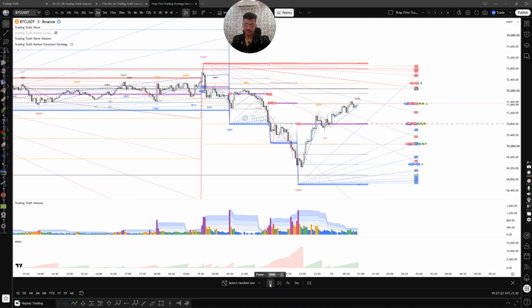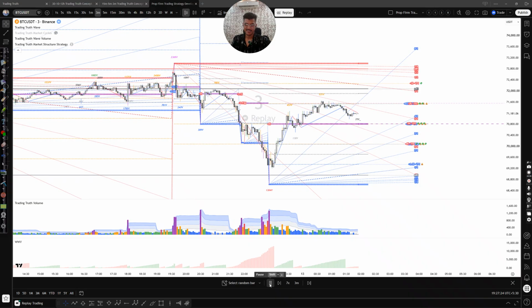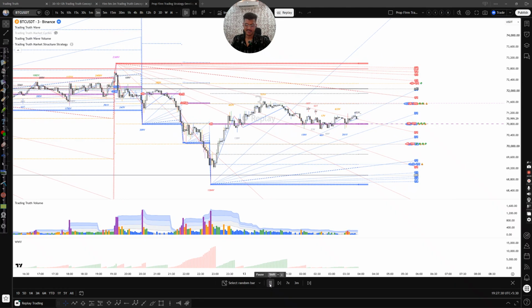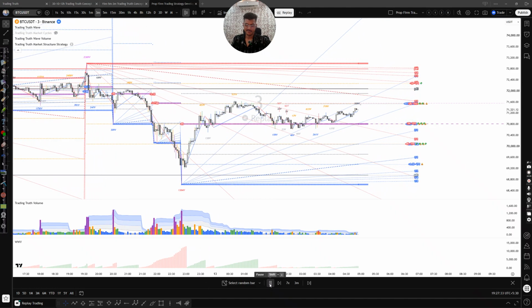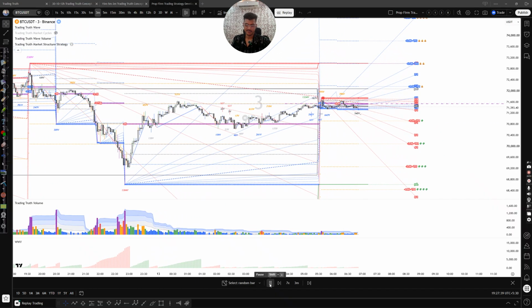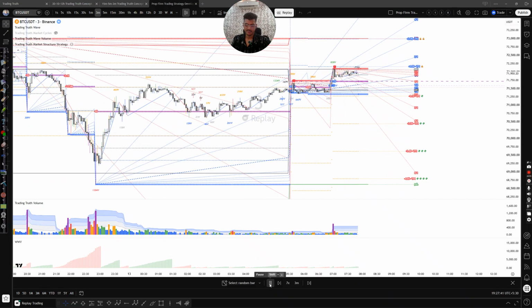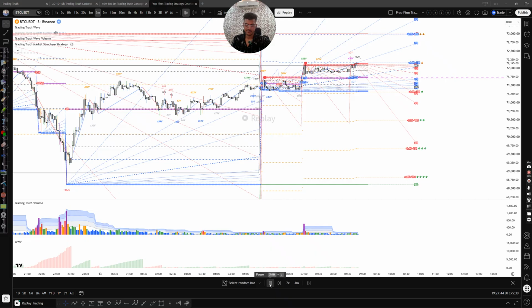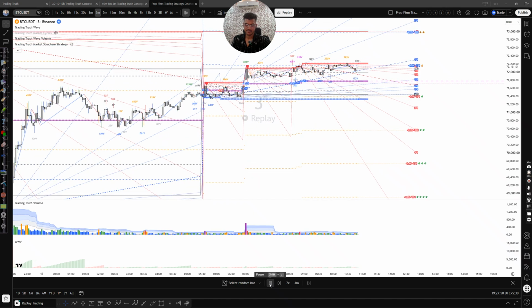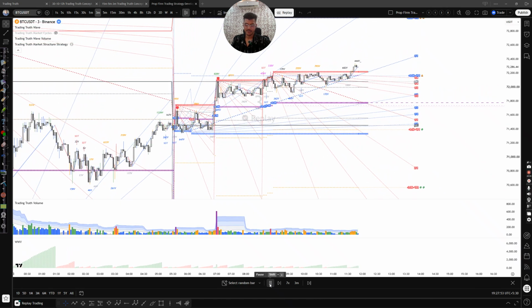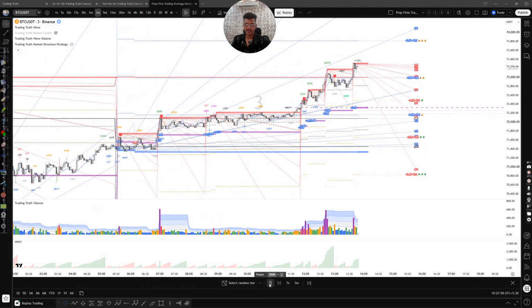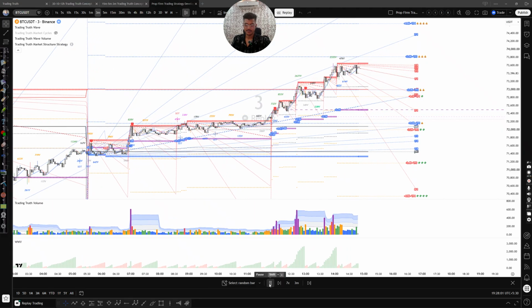How fast it went down. Give me bullish divergence. Come on. TP2 got hit.